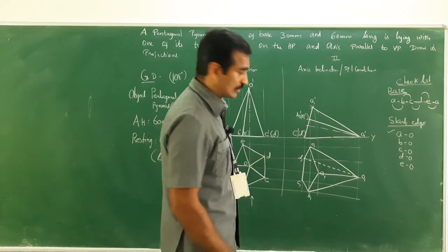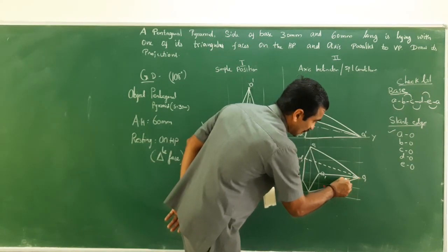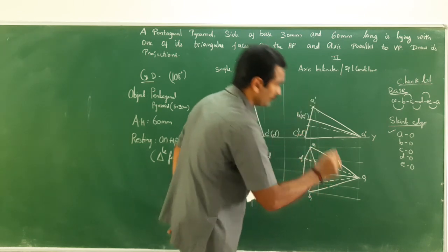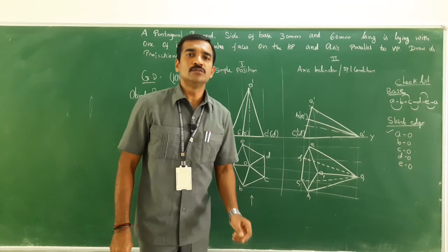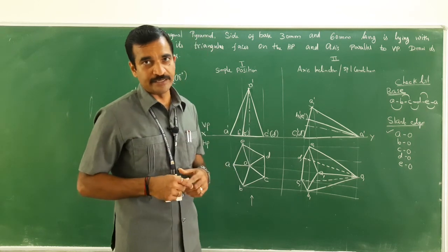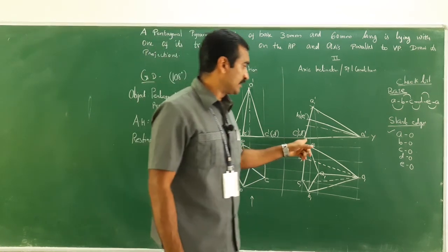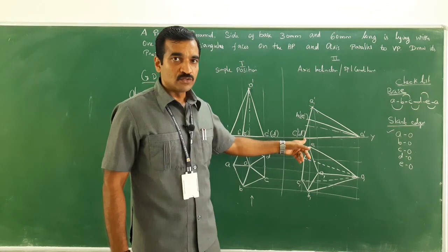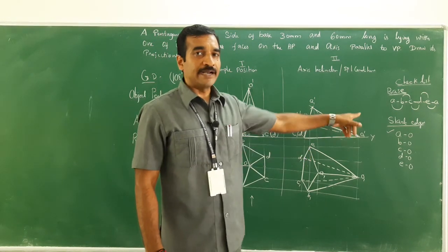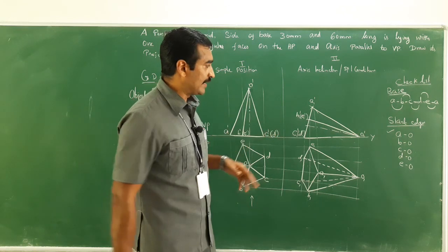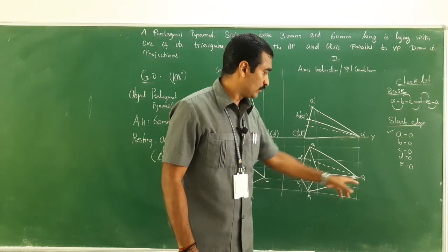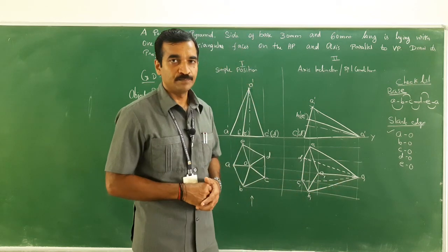That means invisible, dotted or dash line. Right. So I have given a hint for you, isn't it? How it is resting with the sides C and D. The slant edges CO and DO are connecting, therefore CO and DO are invisible, isn't it?